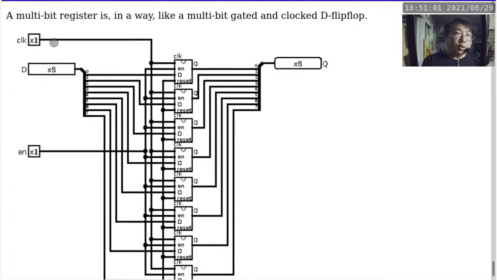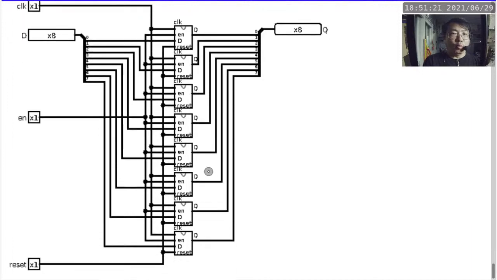There's only one single clock pin for the entire circuit, and it is multi-dropped into the clock pin of all of these D flip-flops. There's only one EN pin, and once again the EN pin is multi-dropped into every single one of these D flip-flops. There's also just one single reset pin, same idea, multi-dropped into all of these individual D flip-flops.